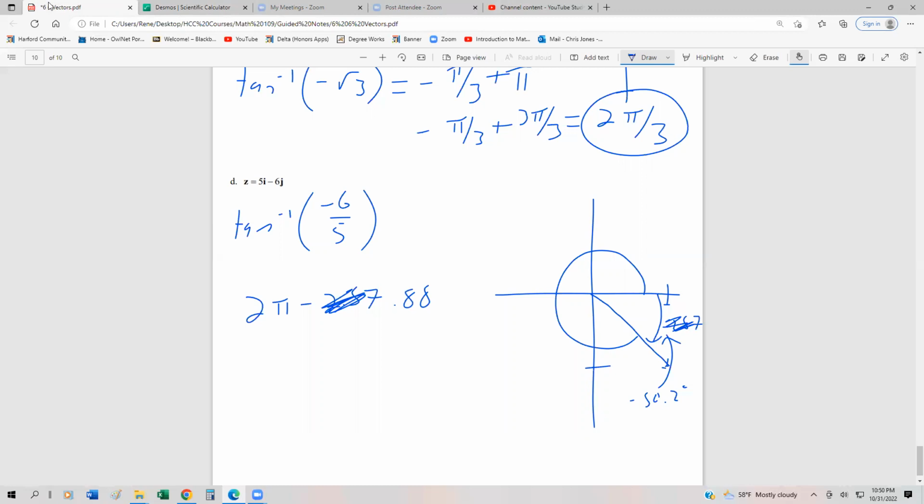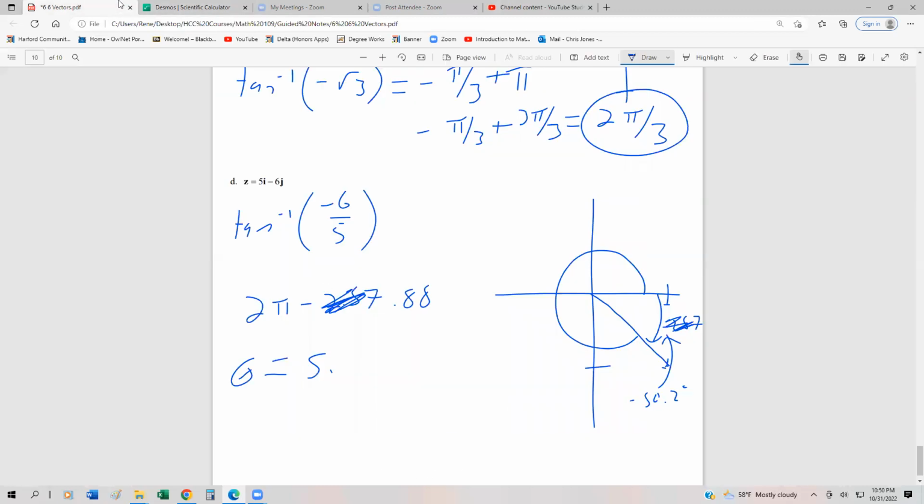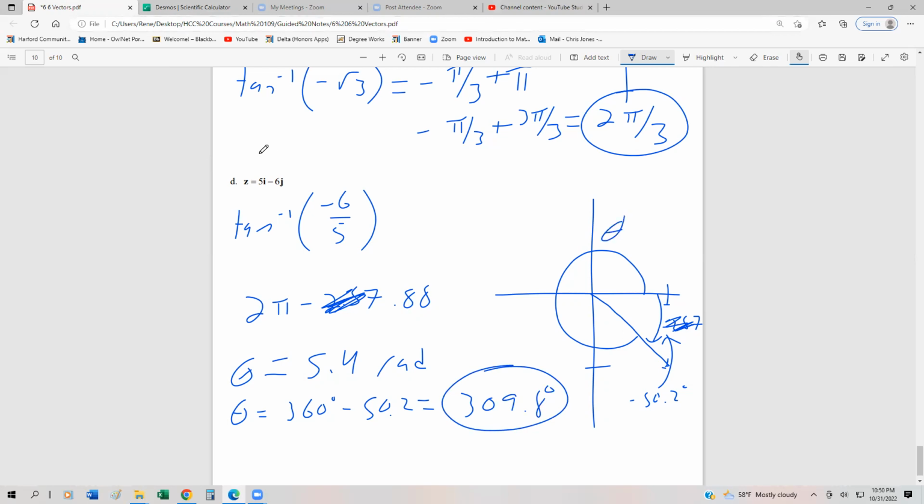Okay, so theta would be approximately 5 point, we said 4 radians, or in degrees, we would take 360 and subtract out 50.2, all right, and that would give us 309.8 degrees, which makes sense because it should be somewhere in quadrant number 4. So this is our theta, 309.8 degrees.